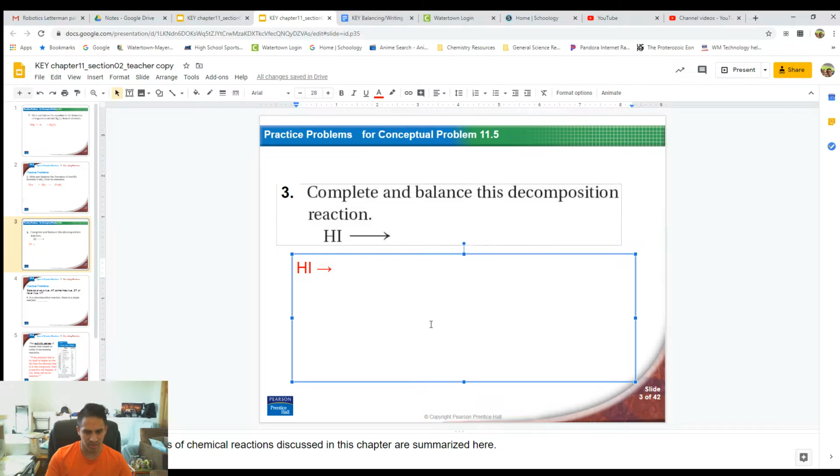So it's going to break apart probably into hydrogen, which is a Brinkelhoff, and iodine, which is also a Brinkelhoff. Okay, so H2 and I2. And then in terms of balancing, we'll need to put a 2 in front of the HI to balance out with the hydrogens and the iodines on the product side. And that's it. That's our final answer. That's all they're looking for.